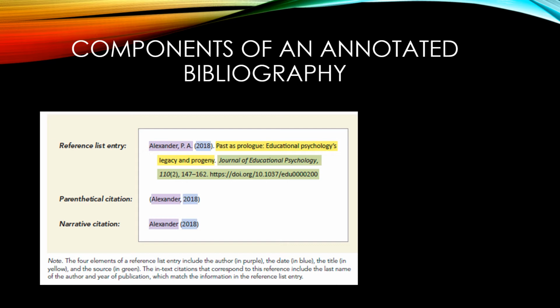And then lastly, the easiest part is we're just going to include the pages, right? So the article starts on page 147 and ends on page 162, okay? And then we have the DOI number that we can just pop into our web browser if we want to locate the article, okay?